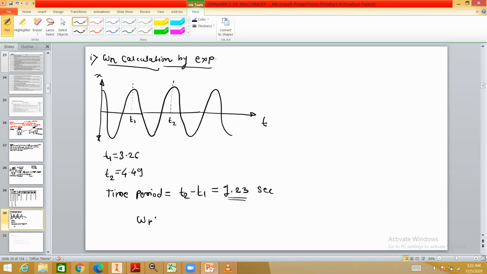So omega n experimental is equal to 2 pi upon t experimental. So this value is equal to 5.1.